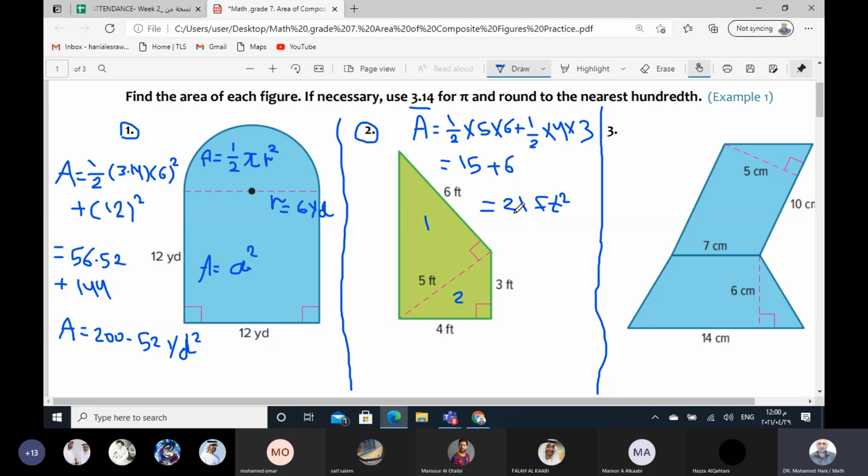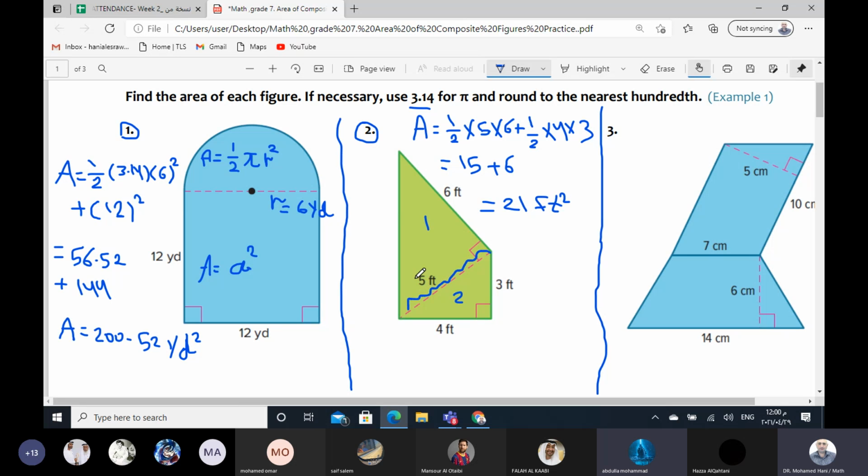Who has any question here? Me, Mr. Yes, what? How did you know the length of the first triangle, the up one, this tall thing? The first triangle here? Yes. Here the second side.